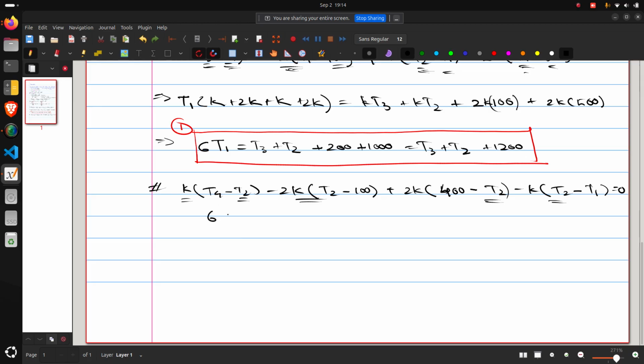So it will be 6 t2 equal to t4 plus t1 plus 2 times 100 plus 2 times 400.